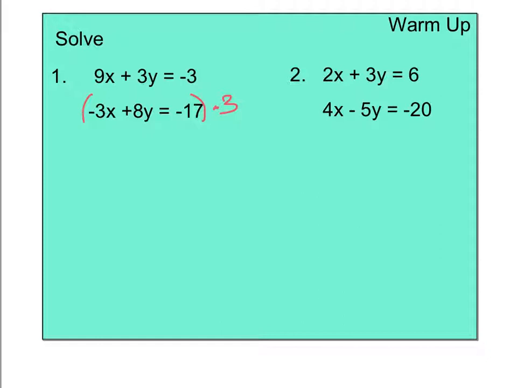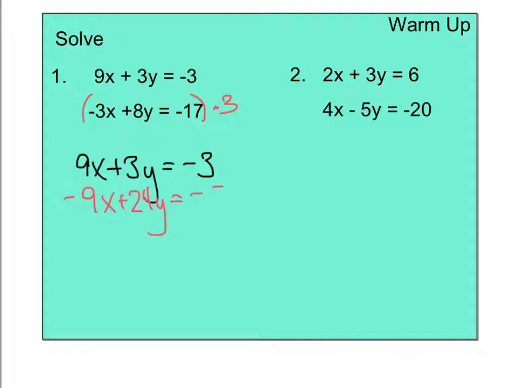So I'm going to rewrite the first equation. That didn't change here. The second equation, when I multiply it by 3, I get negative 9x plus 24y equals negative 51.